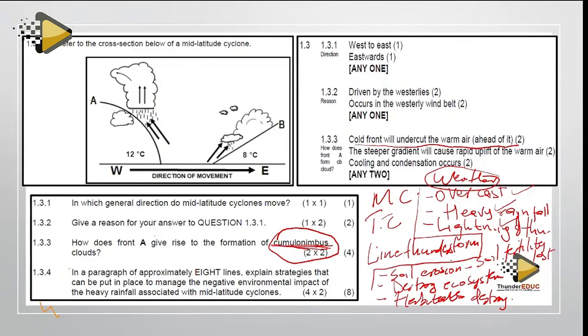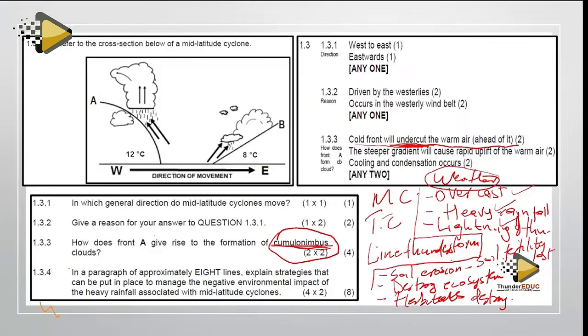The cumulonimbus clouds form in the same way, except that with the mid-latitude cyclone, there is undercutting of warm air by the cold front. With tropical cyclone, the development of cumulonimbus cloud is that there is going to be rapid rising air, air rising higher, and then there's going to be condensation.